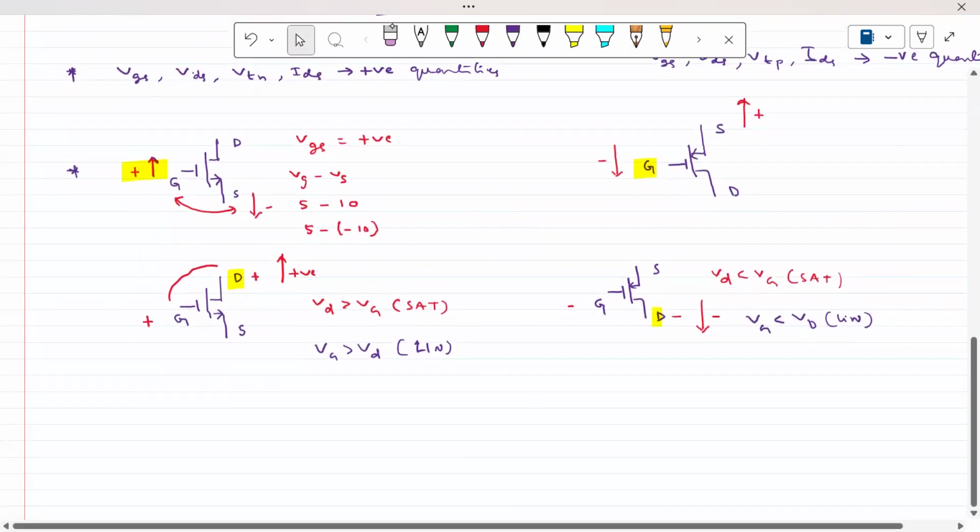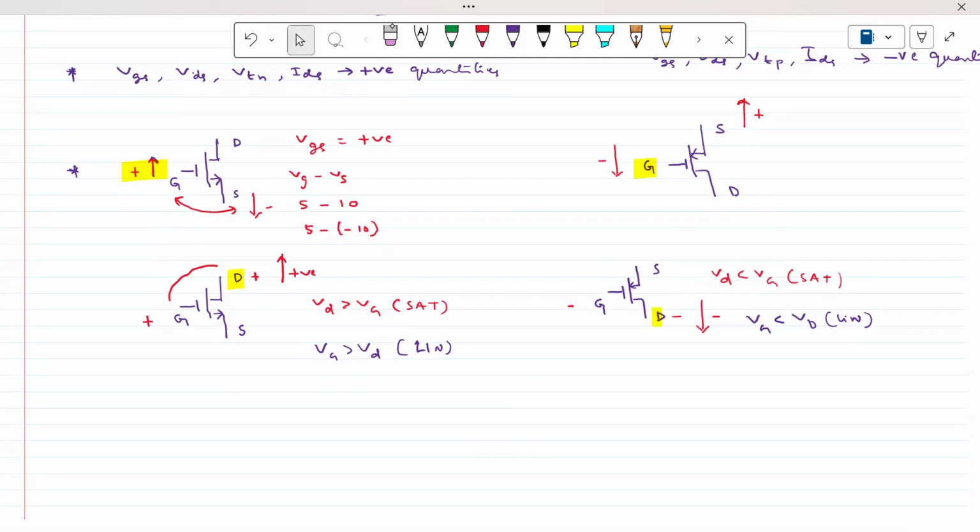Now, people find it more problematic when talking about the PMOS transistor because it is a negative quantity. It's more negative, and for example minus 0.1 and minus 0.7. Okay, people will feel very uncomfortable representing something as a negative quantity, right? So people will talk all about positive quantities only.